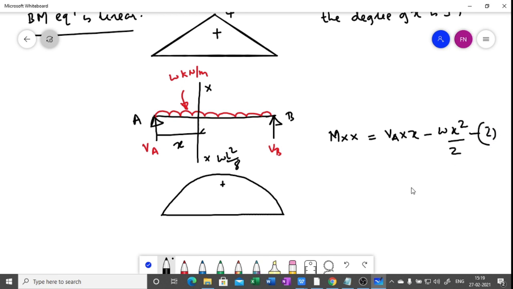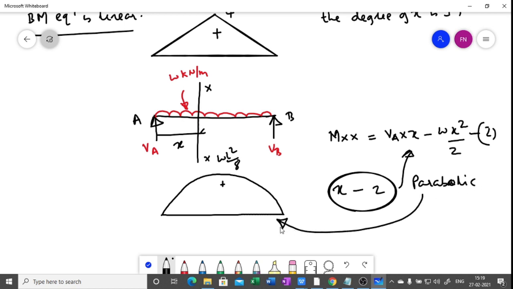This is equation number 2. Now you see in equation number 2, the maximum degree of x is 2. It indicates that this equation is parabolic, and hence the bending moment diagram will also be parabolic.